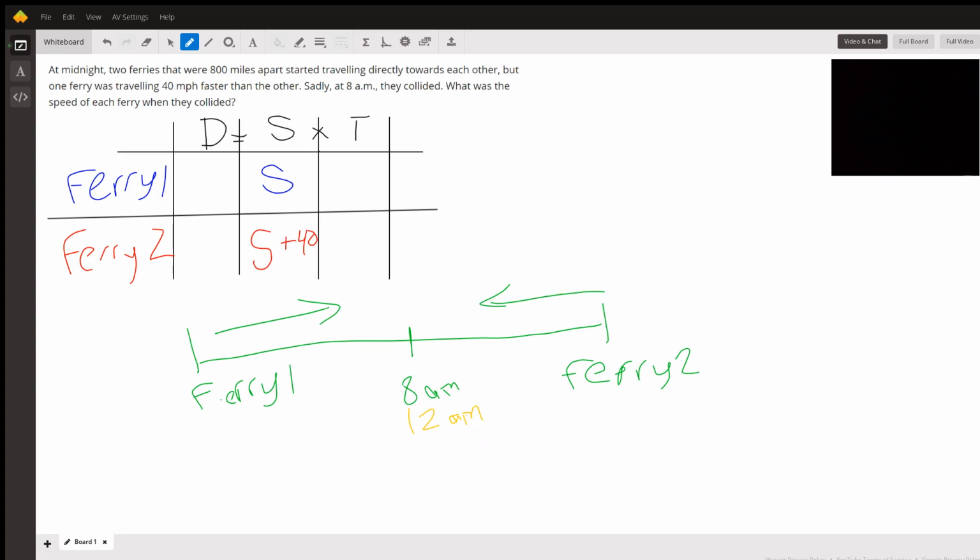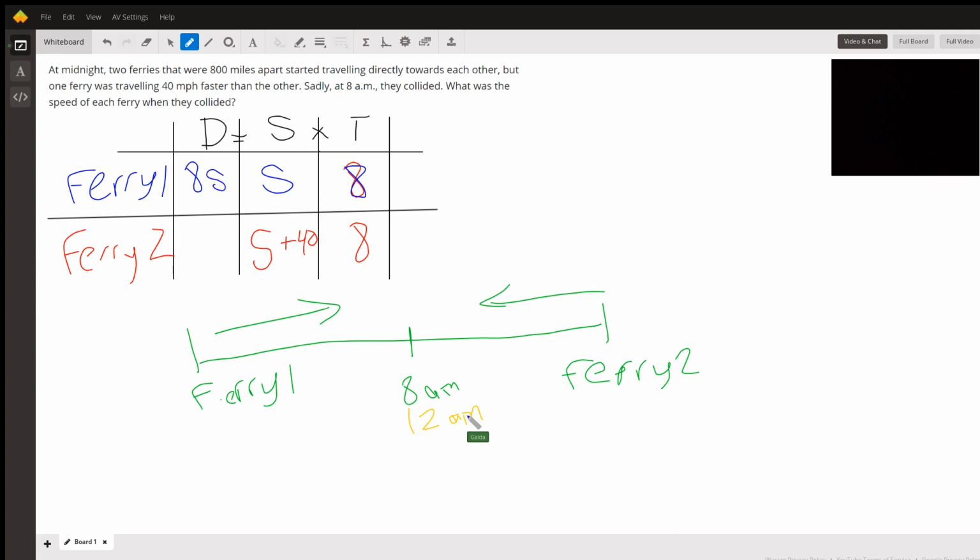All right. So for time, we're going to put the same time for both. It's going to be 8 and 8. What we want to do next is just multiply speed times time only. So for ferry number 1, we're going to put S times 8, or 8S, for distance.